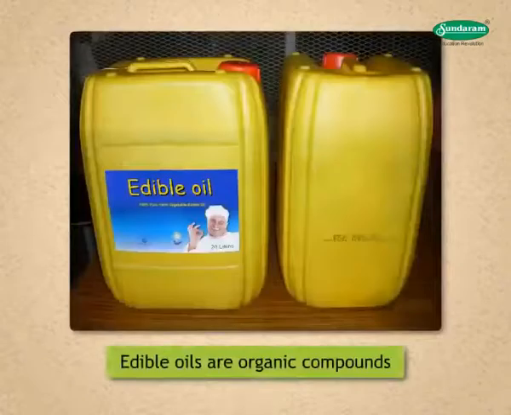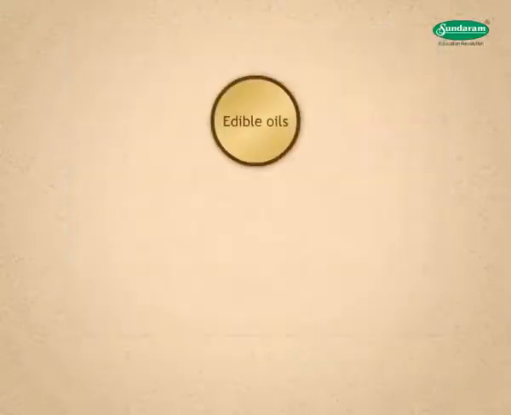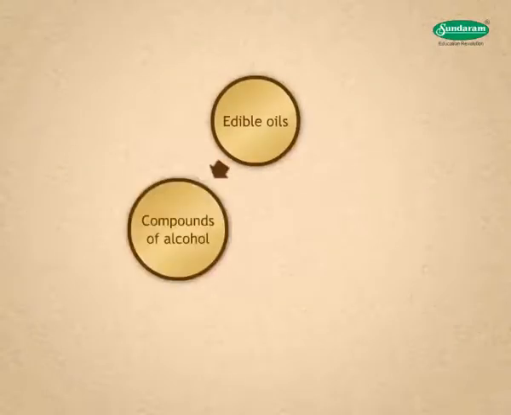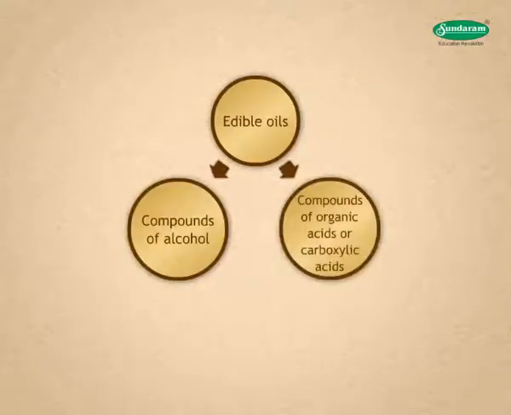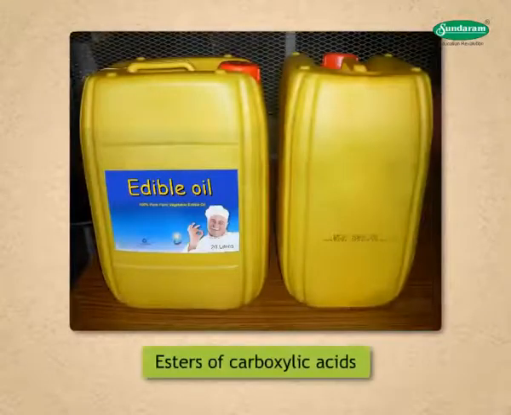Edible oils are organic compounds and you will be learning about them in the chapter on chemistry of carbon compounds. Edible oils are compounds of alcohols and organic acids or carboxylic acids. The compounds formed are known as esters of carboxylic acid.